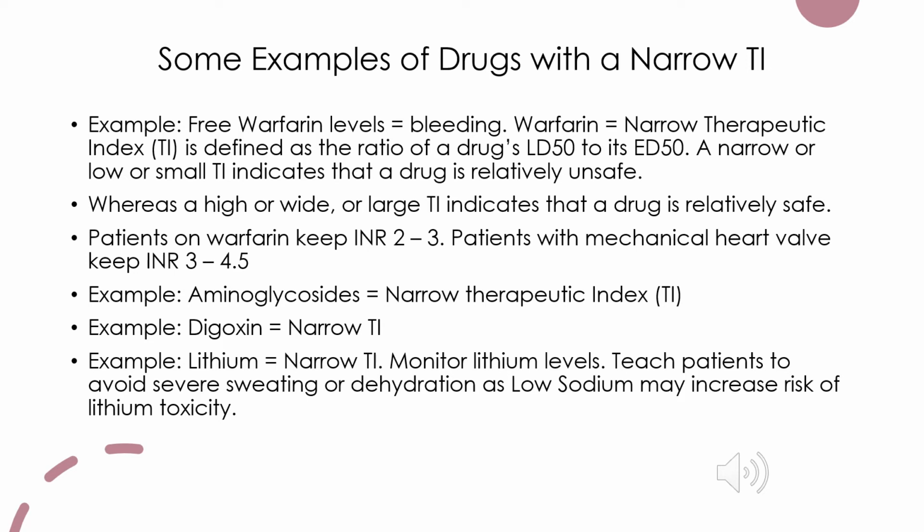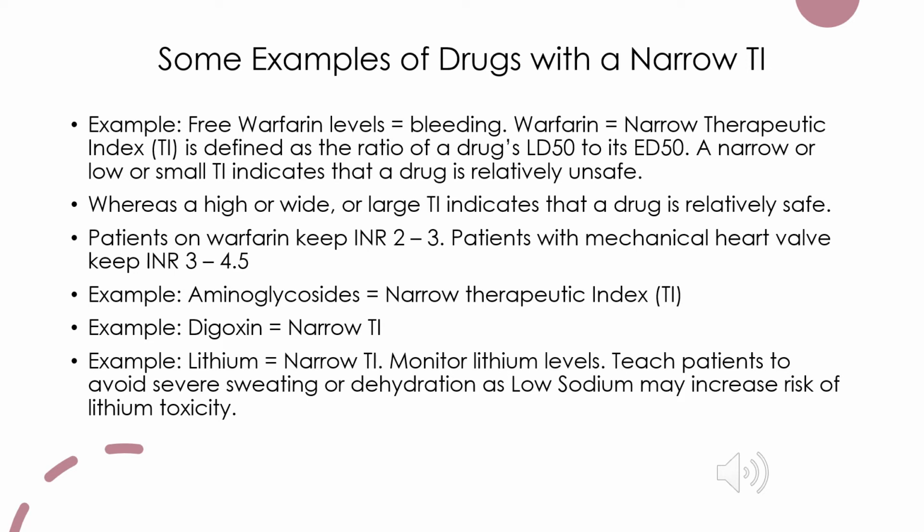So again, that means that the antibiotic level should be drawn just before the next scheduled dose is given. The blood sample shows the lowest blood level of the antibiotic, called the trough level, rather than a blood level at a higher range called the peak level.